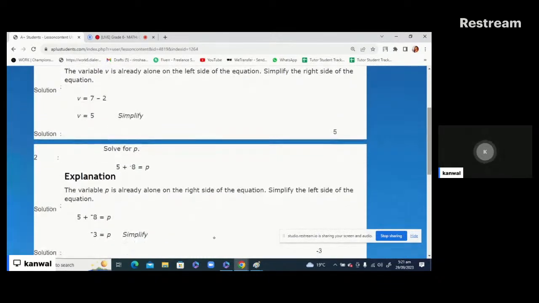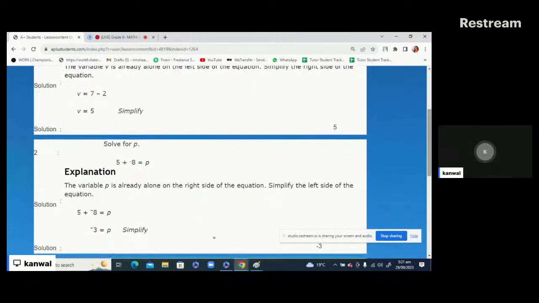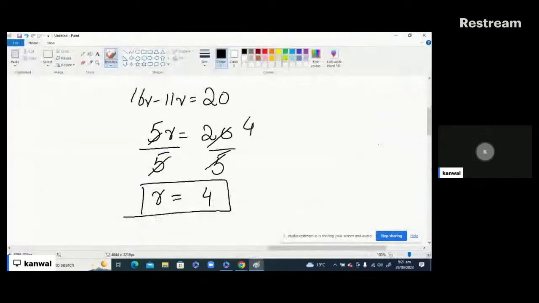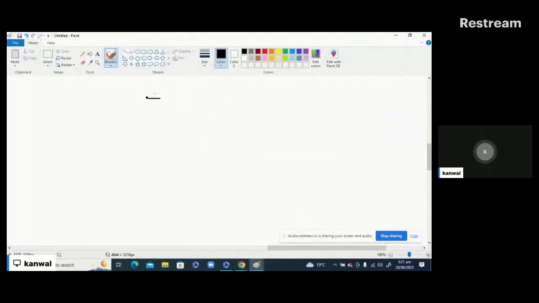What are integers? First of all, integers are basically the numbers which have a plus sign as well as a minus sign. If we are saying that 3 is an integer, it means plus 3 and minus 3. This is the integer form.